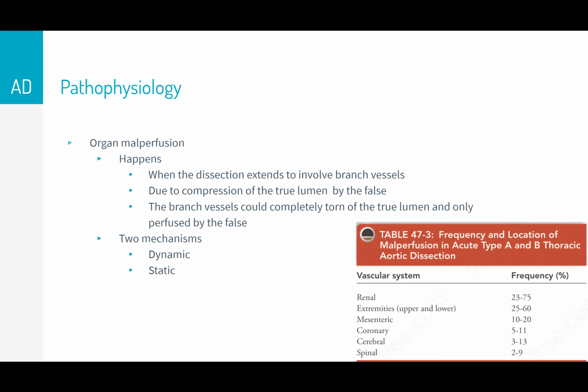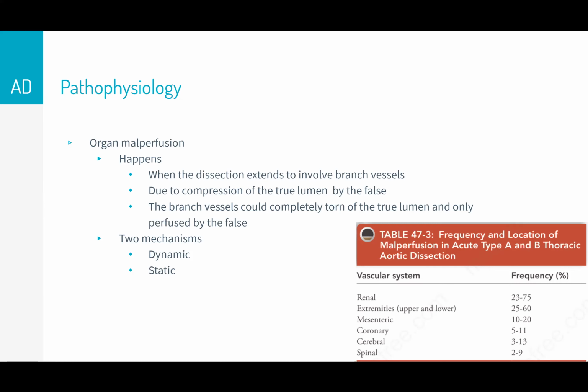And also the branch vessels of the aorta can completely be torn out of the true lumen and get malperfused or be perfused by the false lumen. And the false lumen could have no communication, so the blood will thrombose and less blood will go into that branch. There are two mechanisms for malperfusion in aortic dissection.